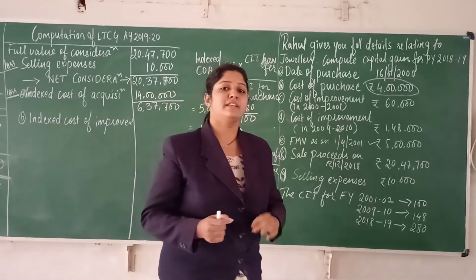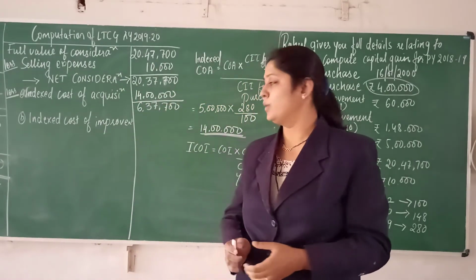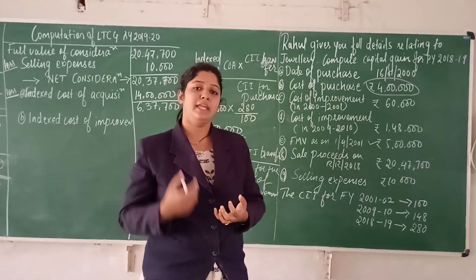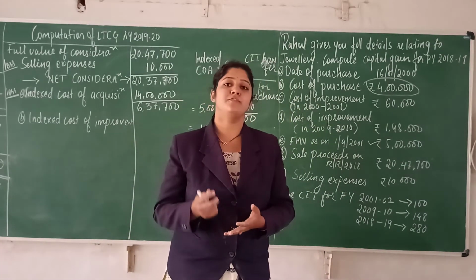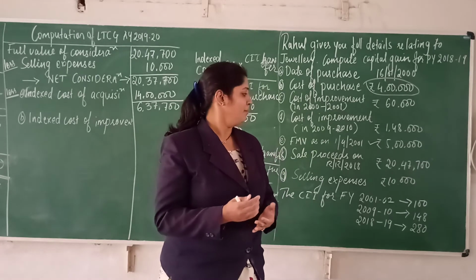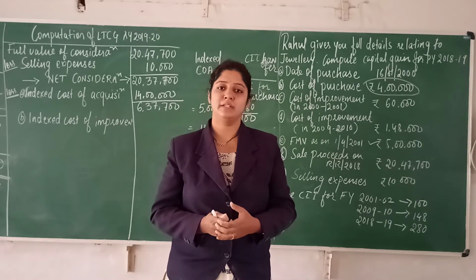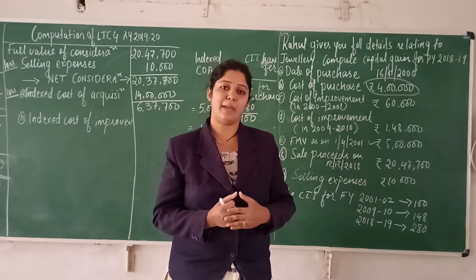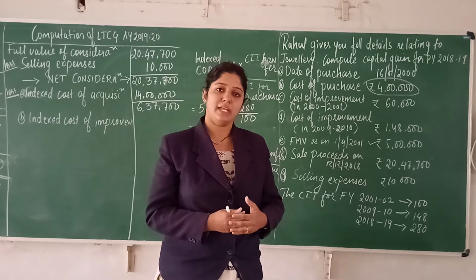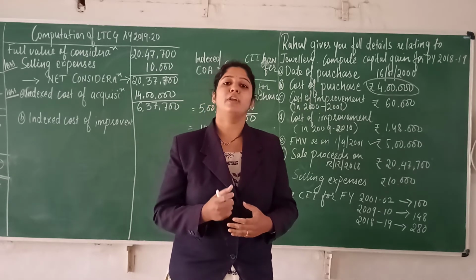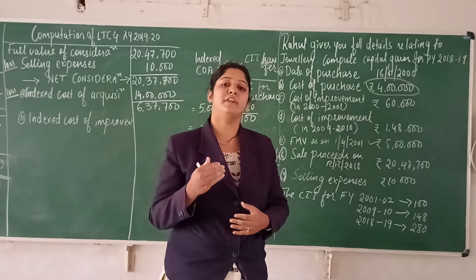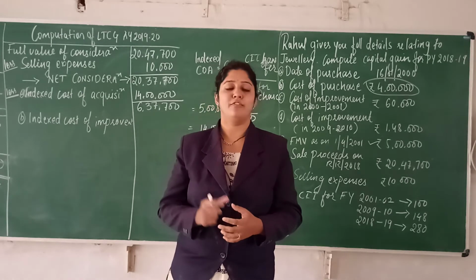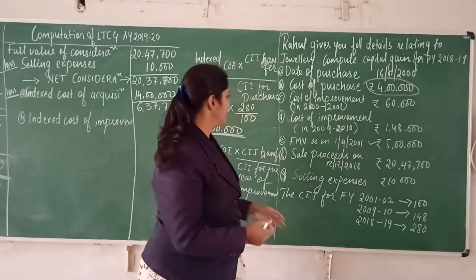In previous class, we have studied one important note on cost of improvement. That is, if any improvement taken place for capital asset before 1/4/2001, that cost of improvement will not be considered while calculating capital gain. Similarly, if any improvement for capital asset is taken place after 1/4/2001, then that amount can be considered for calculation of capital gain.